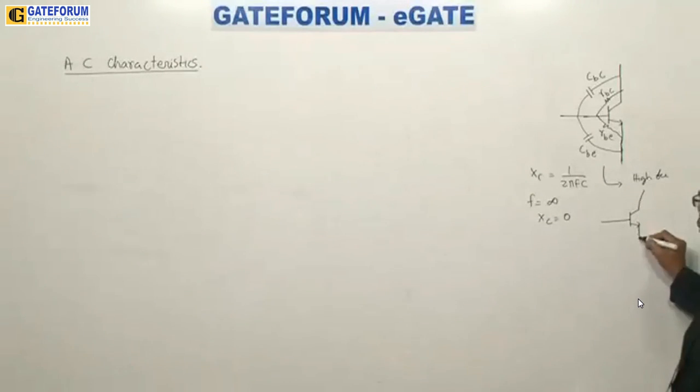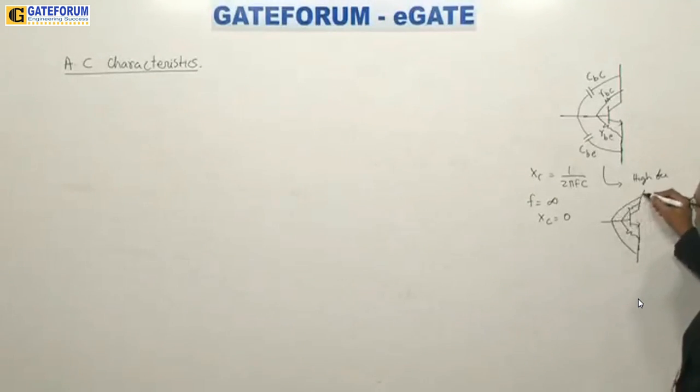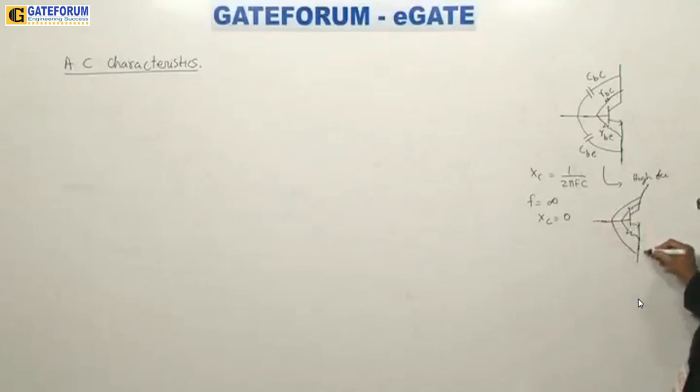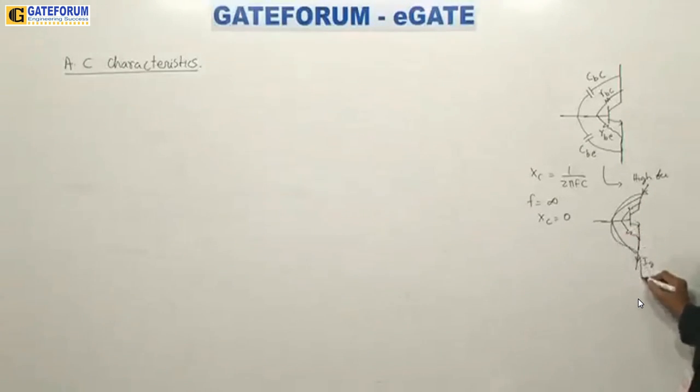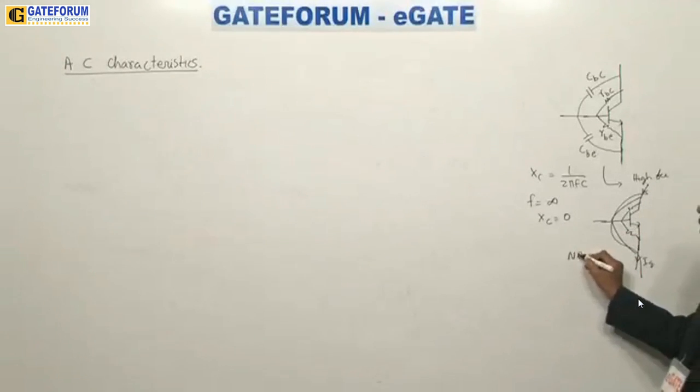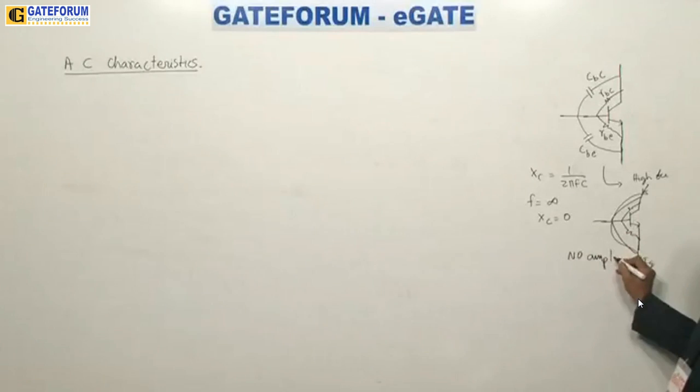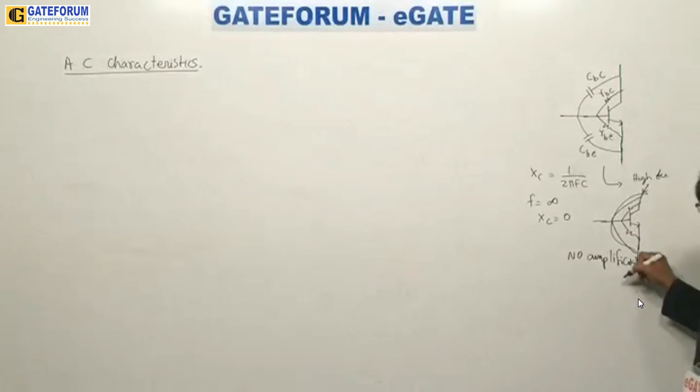Why? Because even though you have forward and reverse resistance, these capacitors will act as short circuit. Whatever input signal you give here, this current is going to come directly like this. No amplification, because at high frequencies the capacitor will act as short circuit.